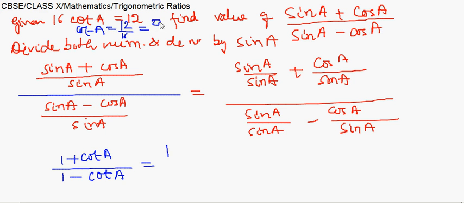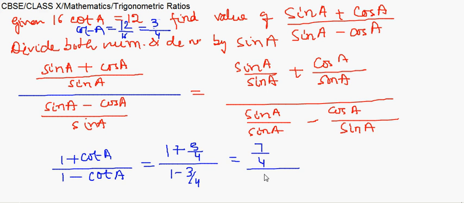It will be 3 upon 4, so I'll write 1 plus 3 upon 4 by 1 minus 3 upon 4. That's giving me 7 by 4 by 1 upon 4. Now if I reciprocate, 7 by 4 into 4 upon 1, I'm getting an answer of 7 for this question.